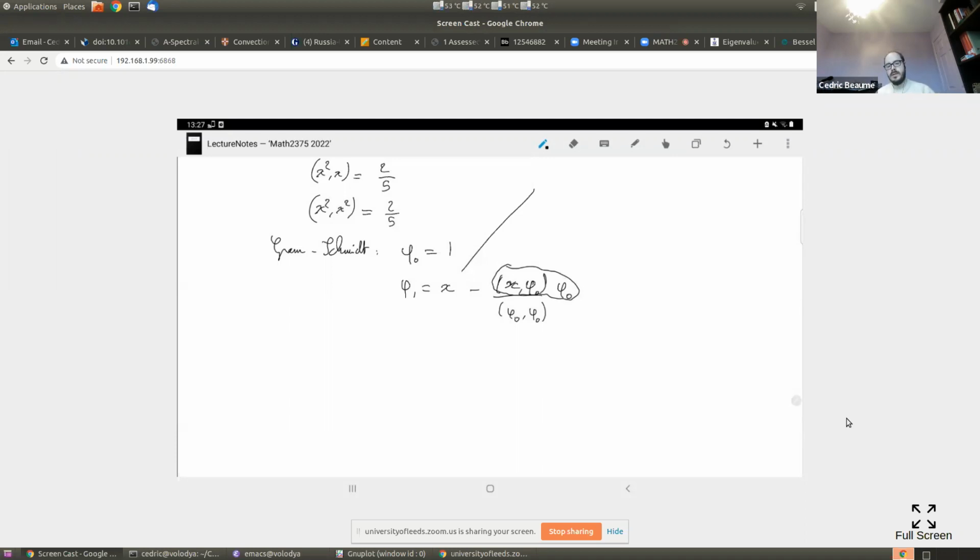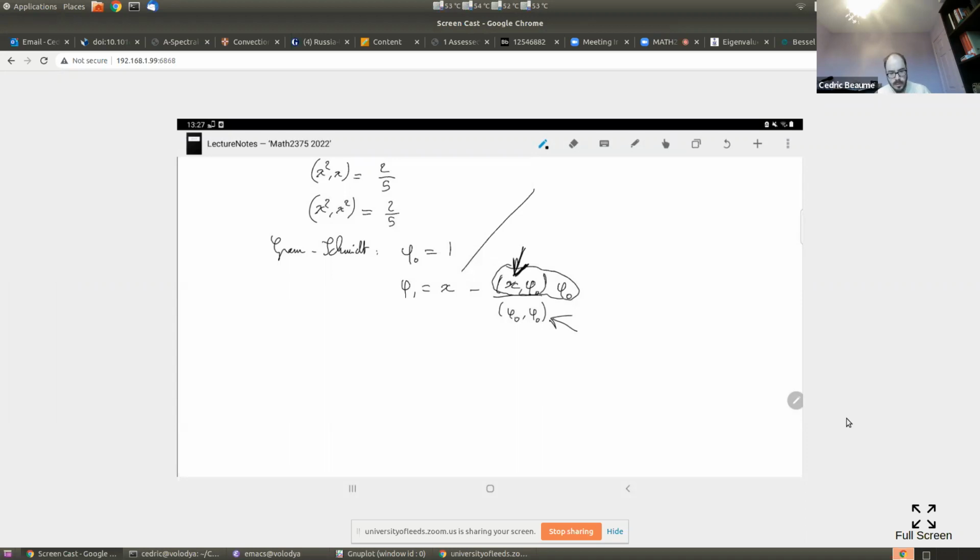But when we do this, the amplitude of phi0 matters, and because it is not 1, we need to normalize by the norm of phi0. That's why we divide by this, so that in the end we have something in the second term with an amplitude proportional to x only.